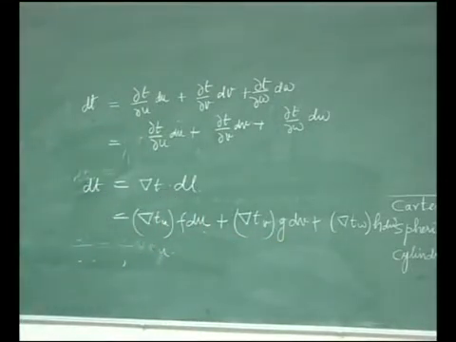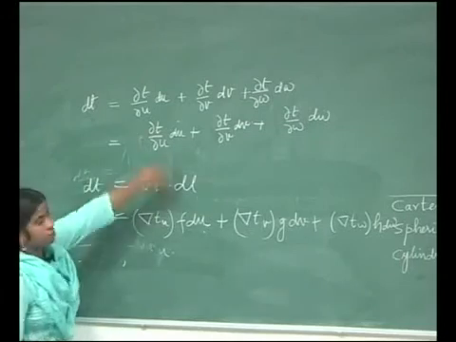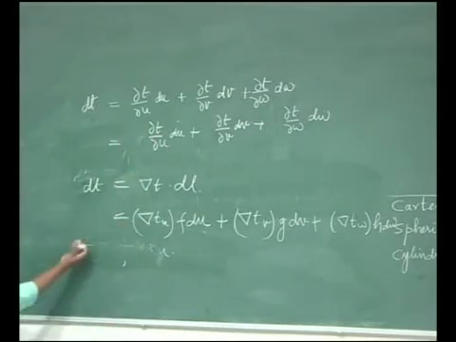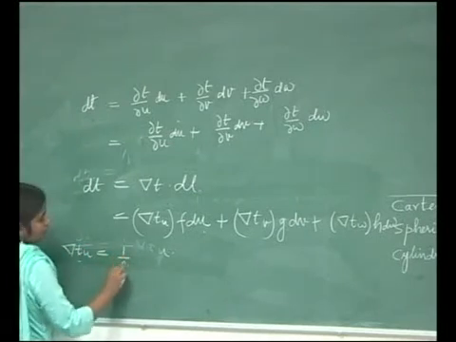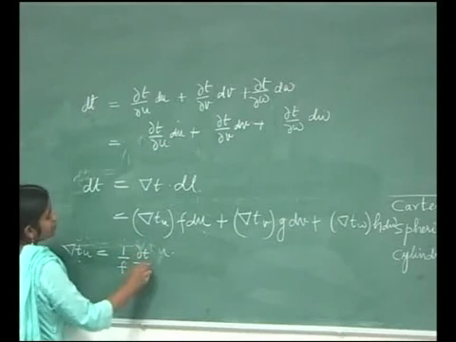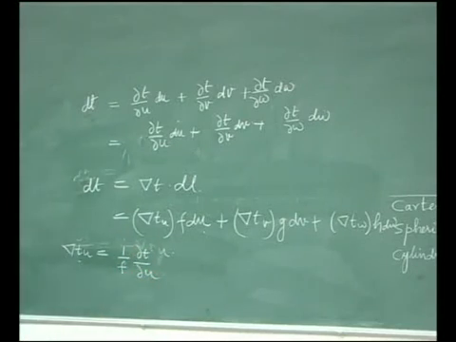Now you compare these two equations and find out the value of del tu. Del tu is equal to 1 by f del t by del u. Is it okay?